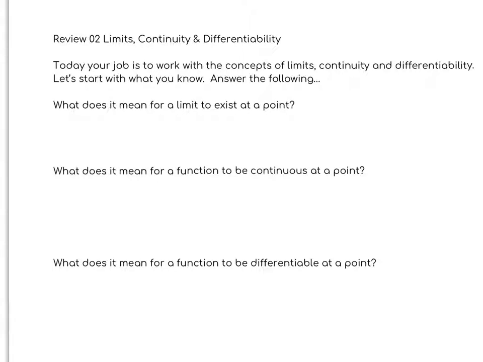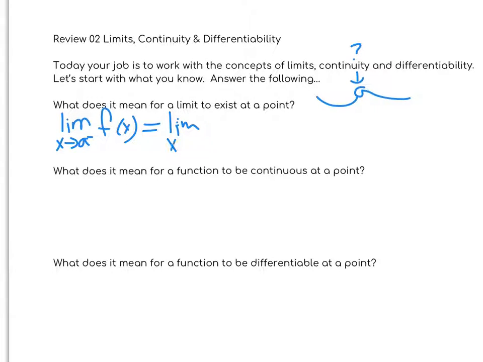For a limit to exist at a point, visually, a graph has to approach the same value from both sides. It doesn't matter what happens here. So that could be anything going on there. Algebraically, what we're saying is that the limit from the left, as we approach a value, let's call that a, of some function, must be equal to the limit from the right, as we approach that same value of a, of that function.